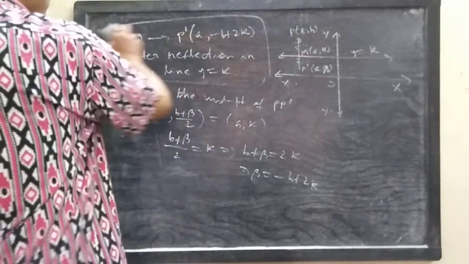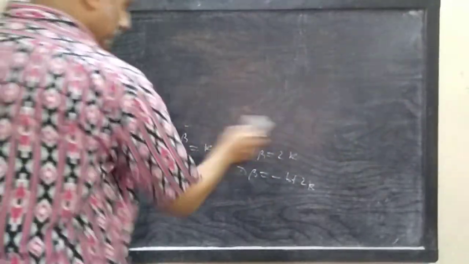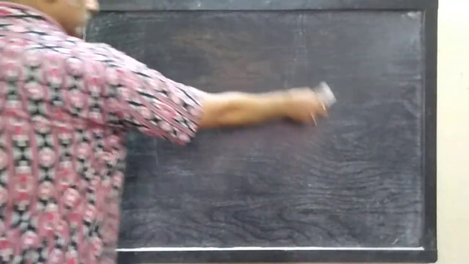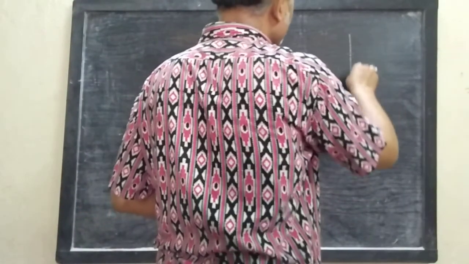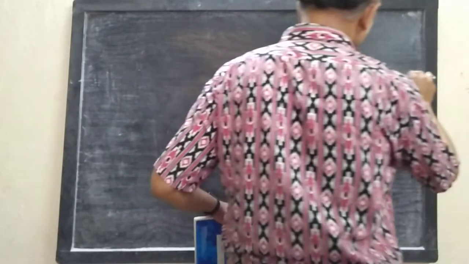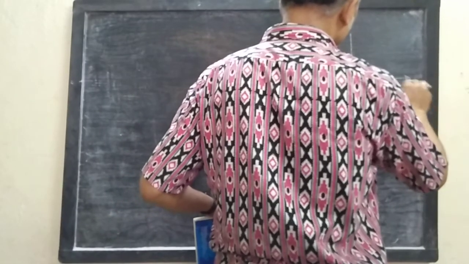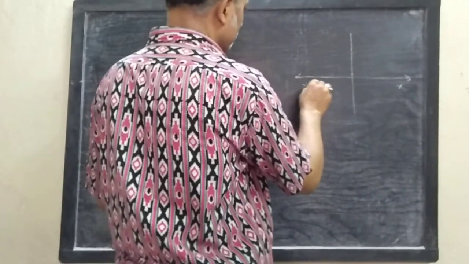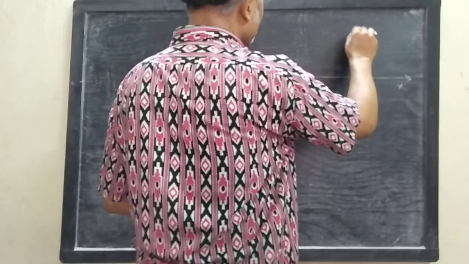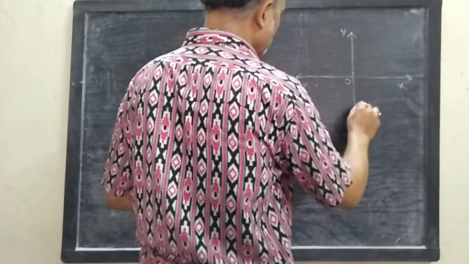Next, write down reflection of a point in a line parallel to y-axis. These are the axes. This is the origin.